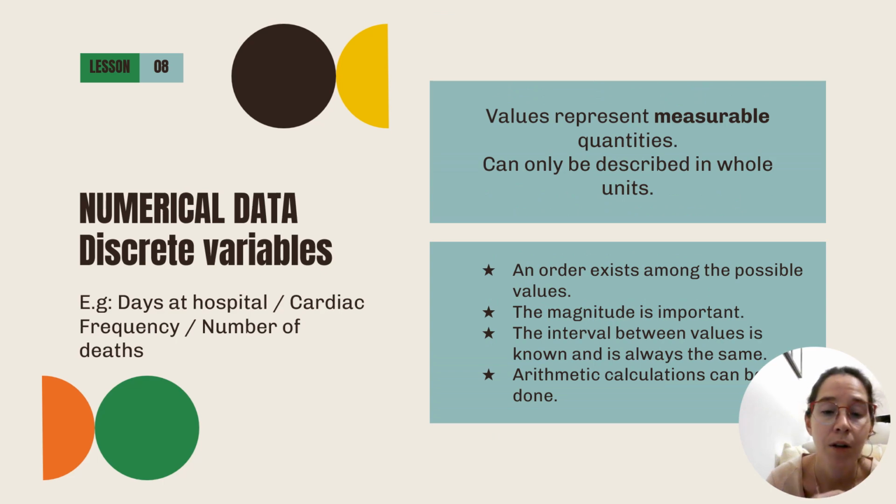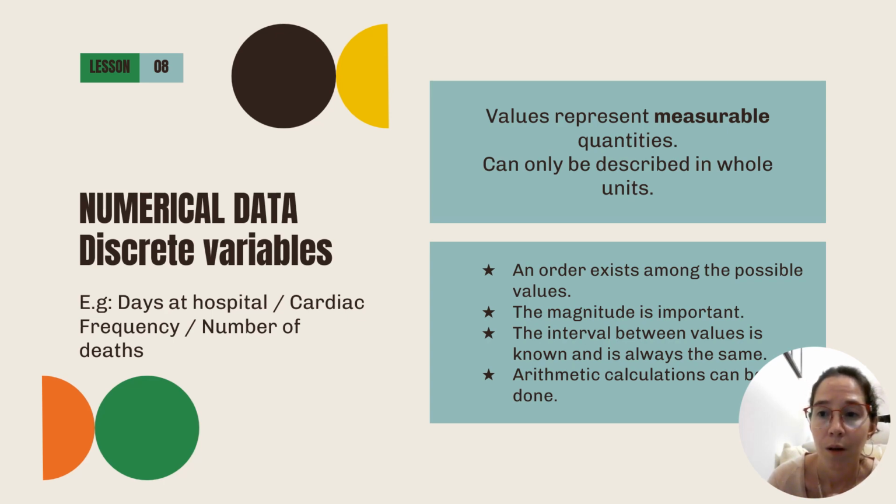Finally, we have numerical data or numerical variables. In this case, values do represent measurable quantities. Inside numerical variables, we can have discrete variables or continuous. Discrete variables are those that only admit whole numbers, such as, for example, days at hospital, cardiac frequency, number of deaths.